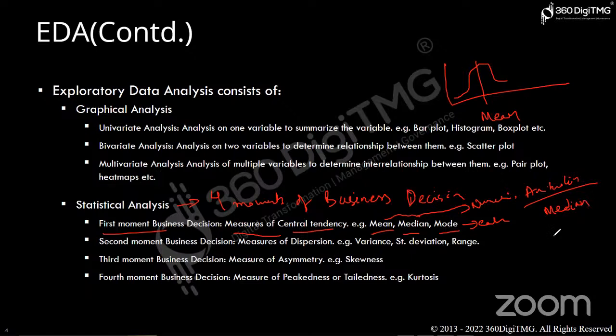If there are no outliers, then we can use the mean. If anomalies are there, median. If anomalies are not there, we can use mean. So mean is actually a better measure than median, but in the presence of outliers, median is the better measure. So this gives us one value which will represent the whole data.